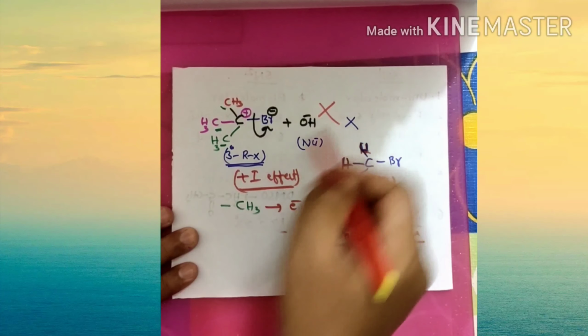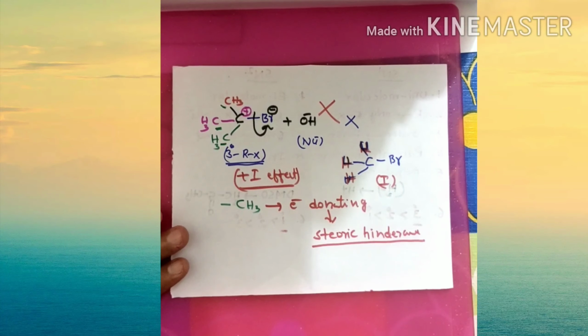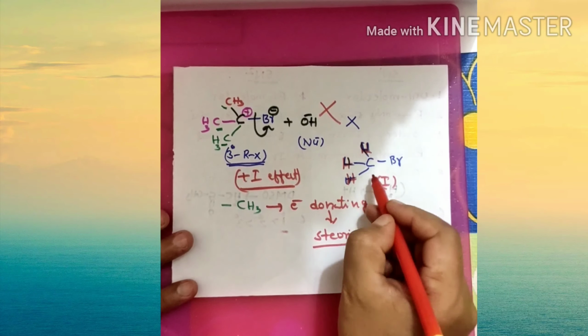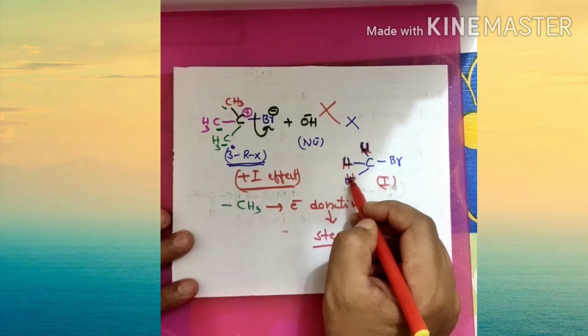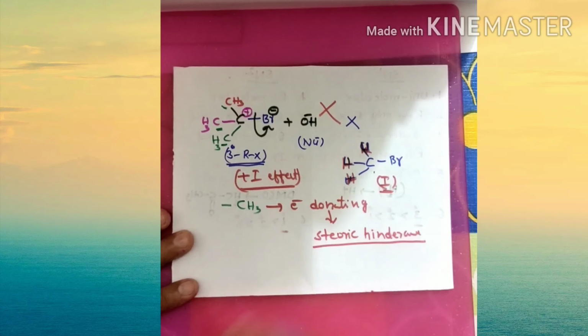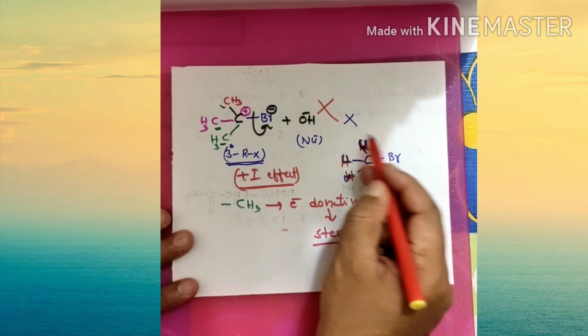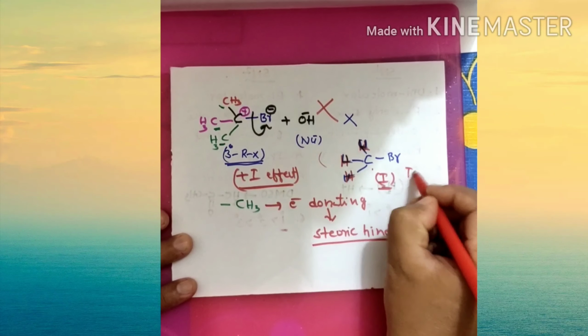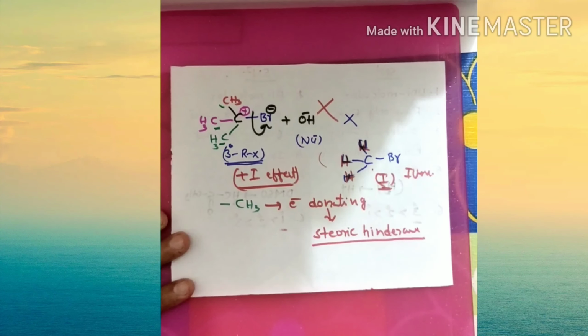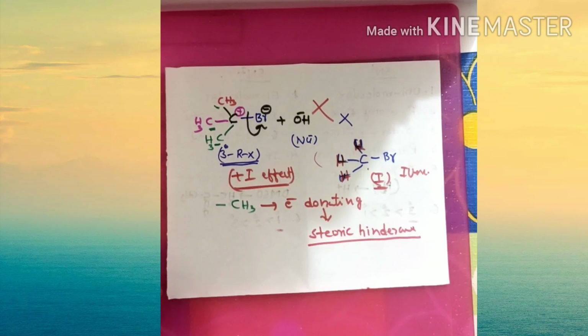That's why there is no reaction towards SN2 for the bulky groups. But here, with only hydrogens, which can't donate electrons and can't show steric hindrance, the nucleophile will attack from the backside and inversion of configuration takes place. So in SN2 we have to consider steric hindrance.